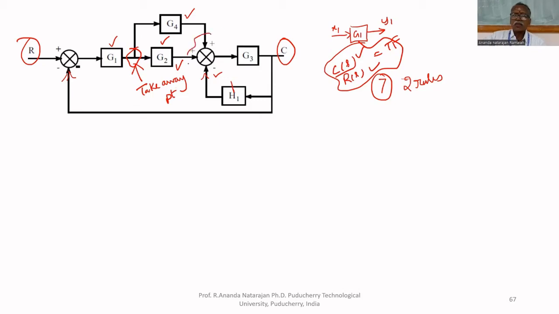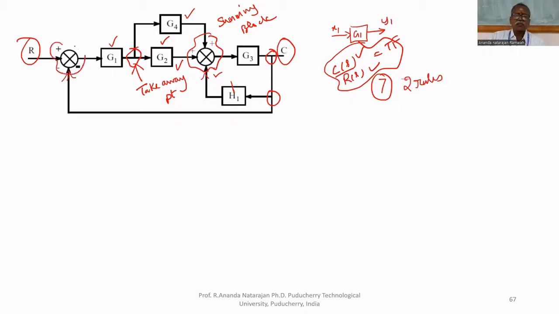Here, this is called a summing block. All the signals, all the outputs are summed together. This is a takeaway point. This is also a takeaway point. A takeaway is a simple connection, but for summing, a summing block is required.